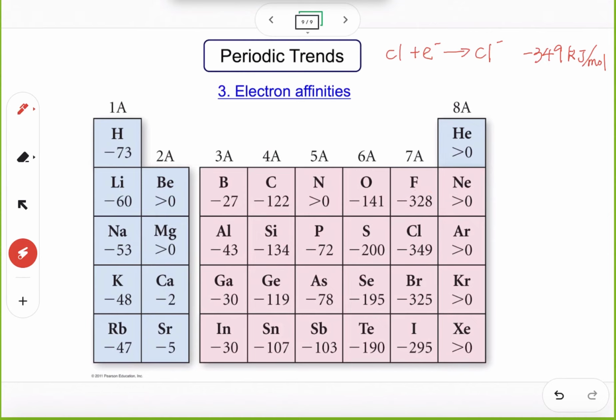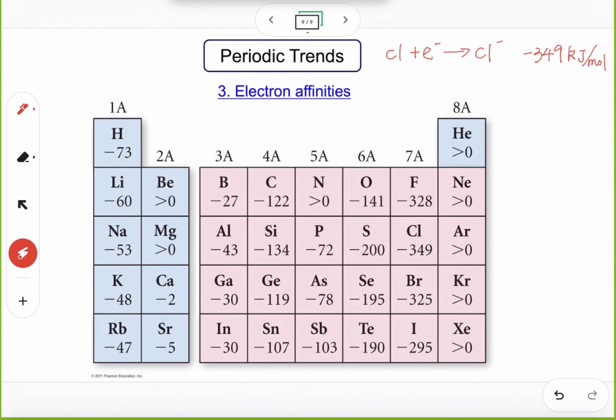That means fluorine has a higher electron affinity than lithium. A similar trend can be observed for this period. For instance, from negative 53 to negative 349. So from your left to right, electron affinity increases.